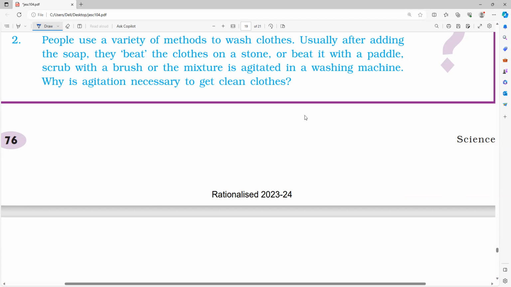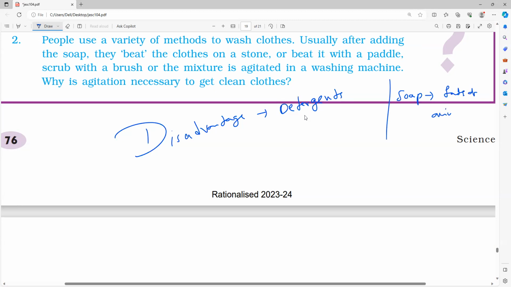But what is the disadvantage, sir? If you take the disadvantages of detergents, very few are there. Let us see that now. First let us discuss soaps. Soaps are manufactured with what, guys? Fats of animals or plants.